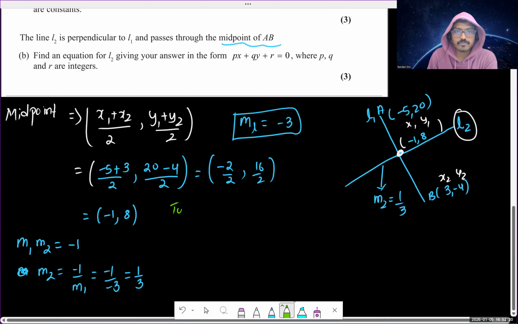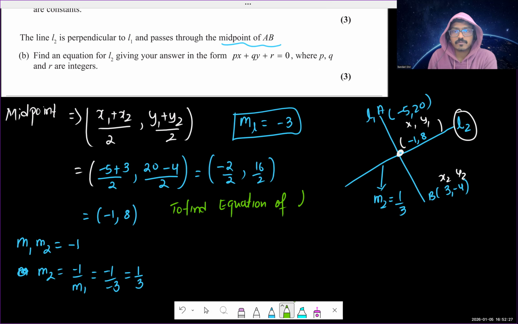To find the equation of line L2, we can use y minus y1 equal to M2 times x minus x1. So now we will use this coordinate: y minus 8, which is equal to M2, which is 1 over 3, times x minus x1, which will be x plus 1.